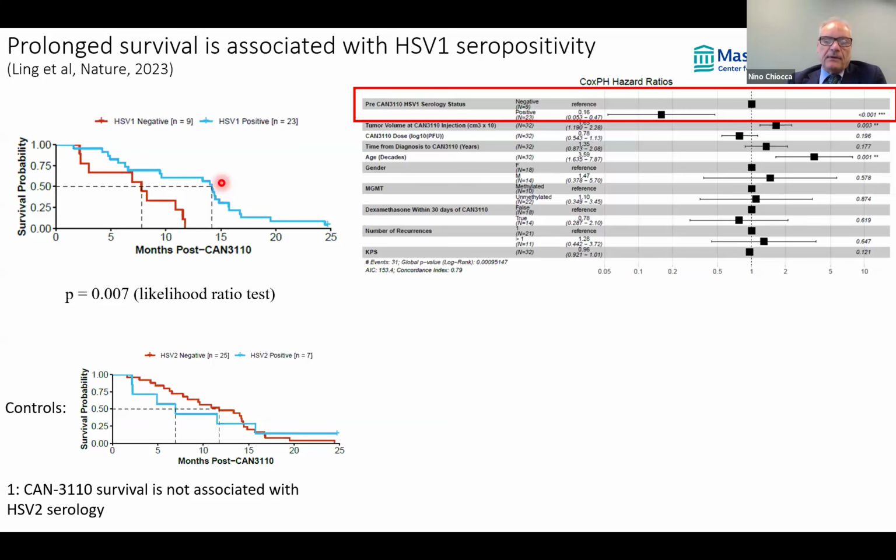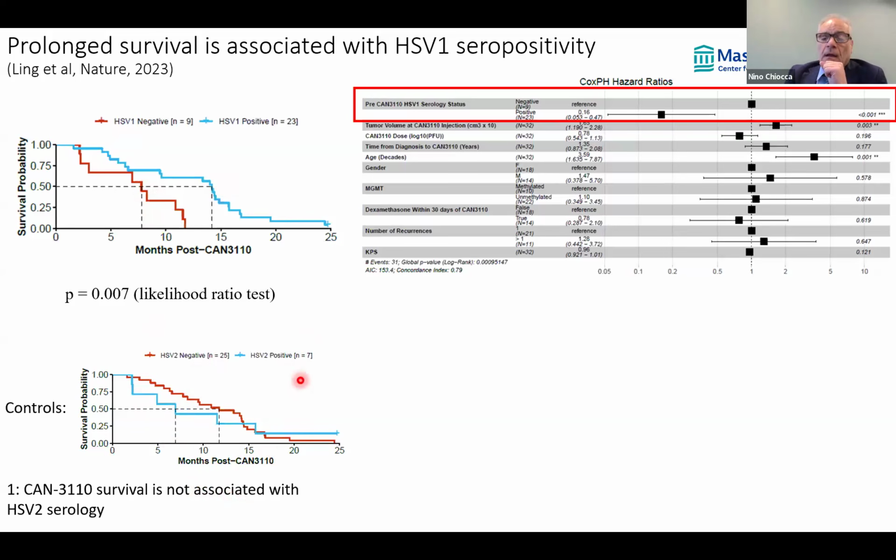And some of the population is positive for HSV2 as well. This causes genital sores. And when you collected the antibodies to this, what you can see in the same patient population is that there's actually no survivorship difference whether you are seropositive or seronegative. So this turned out to be very specific to HSV1 and not to HSV2.